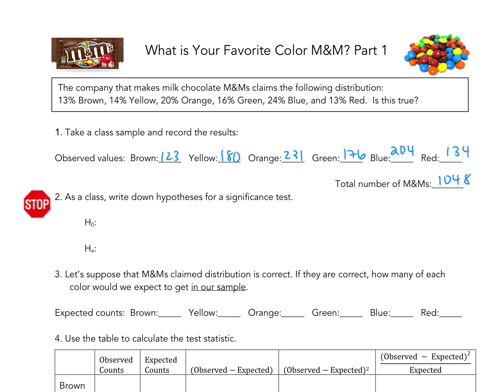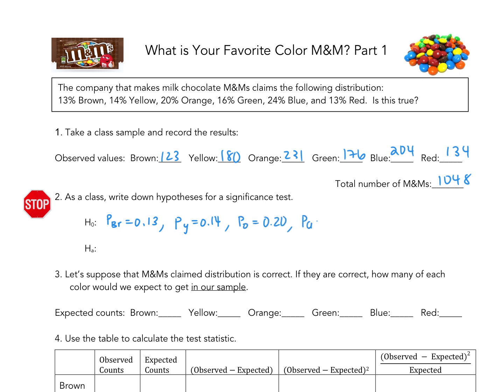Okay, so we're going to write down our hypotheses for a significance test. In terms of the null, there are 6 different proportions that we are interested in. The proportion of brown, the proportion of yellow, the proportion of orange, and so on and so forth. So here's how our null would look. The proportion of brown should be 0.13. The proportion of yellow should be 0.14. The proportion of orange should be 0.2.